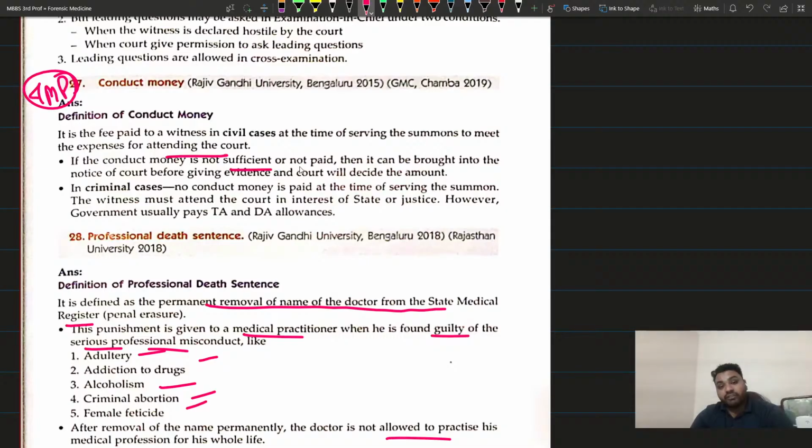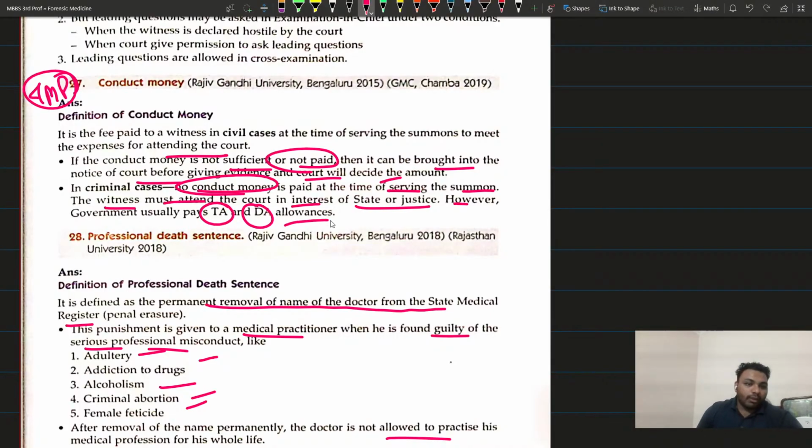If the conduct money is not sufficient or not paid, it can be brought to the notice of the court before giving evidence, and the court will decide the amount. In a criminal case, no conduct money is paid at the time of serving a summons. The witness must attend the court in the interest of justice. However, the government should pay the allowance.